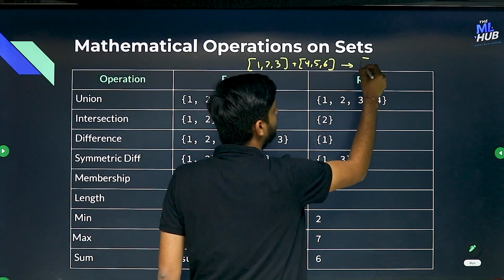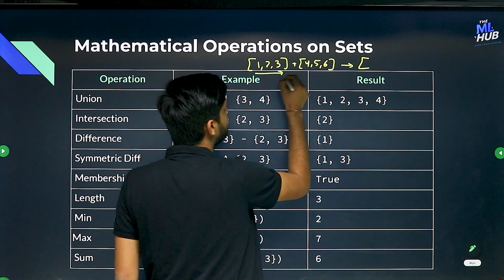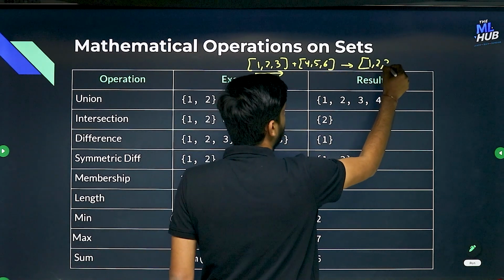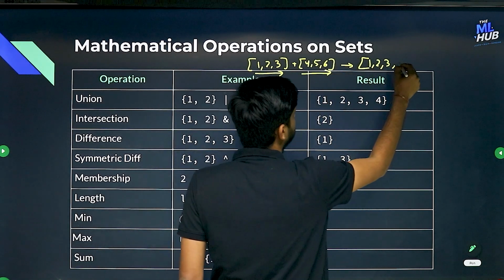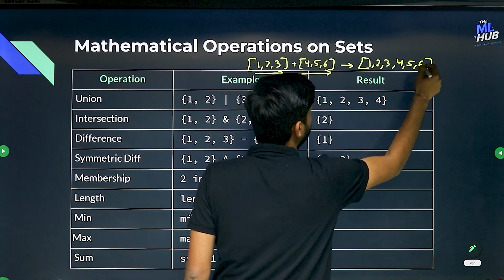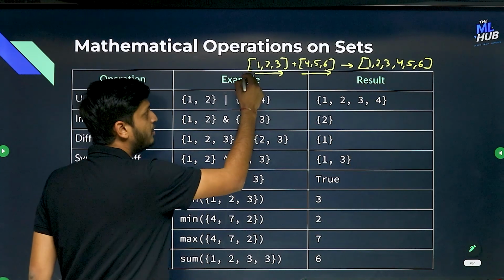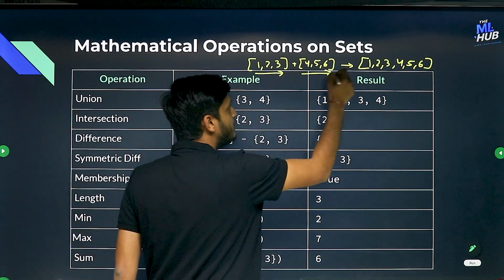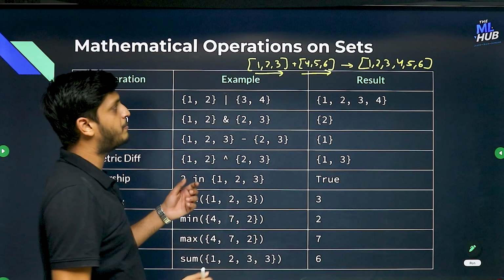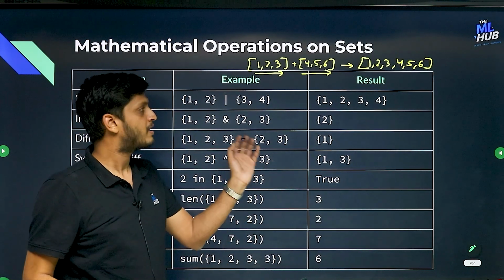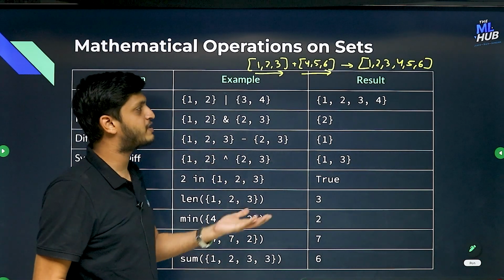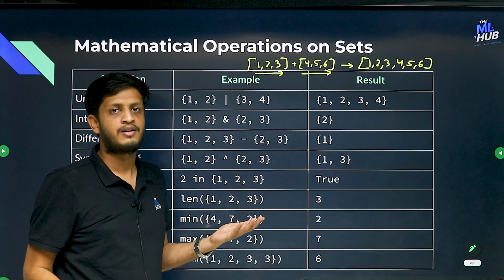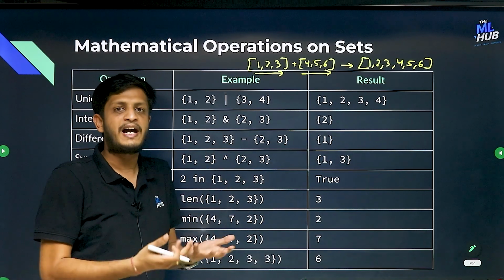It creates another list in which you add all the elements of the first and then all the elements of the second. Right? This is what concatenation is. You firstly add all these elements in an order and then you add all these elements in an order. And the same thing happens with the string and tuple as well. But you cannot do it for sets because sets don't have an order. So there is no concept of concatenation in sets.